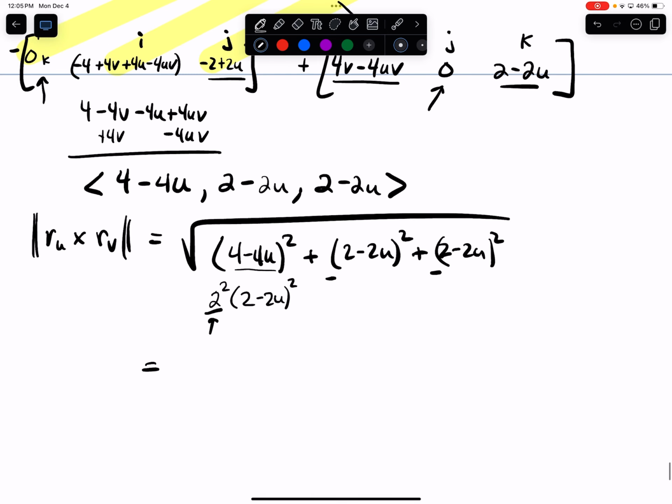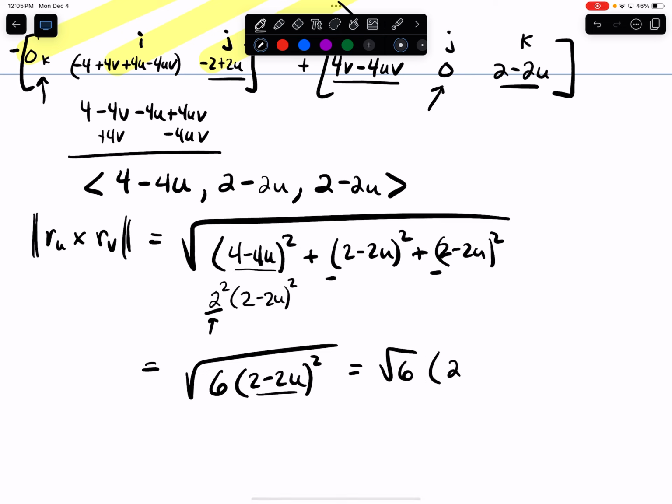This is 4, so that 4 and 1 and 1 make 6, and then 2 minus 2u squared. So I got a square root of 6. The square root of the square is 2 minus 2u, so I could write it as 2 square root 6 times 1 minus u if I wanted to.